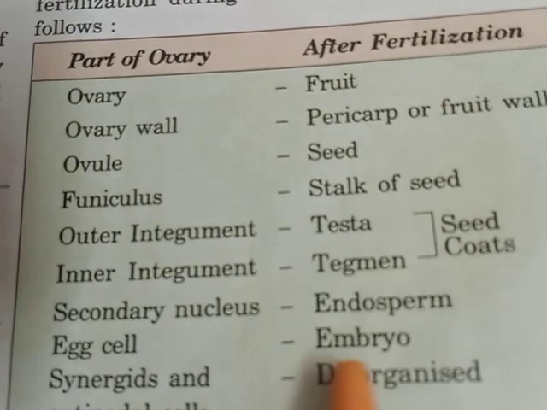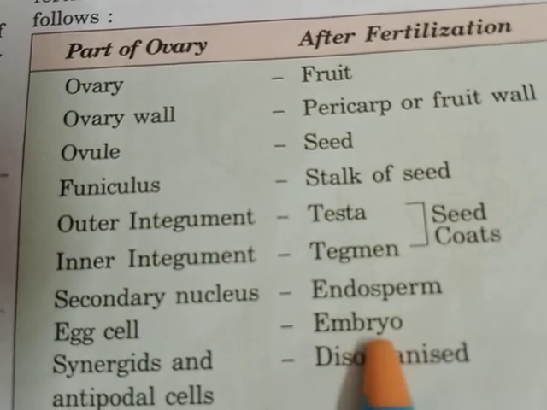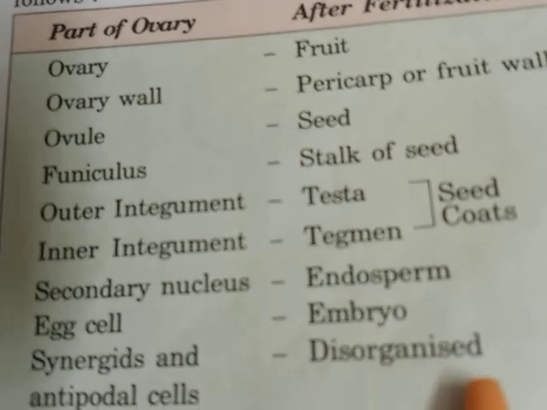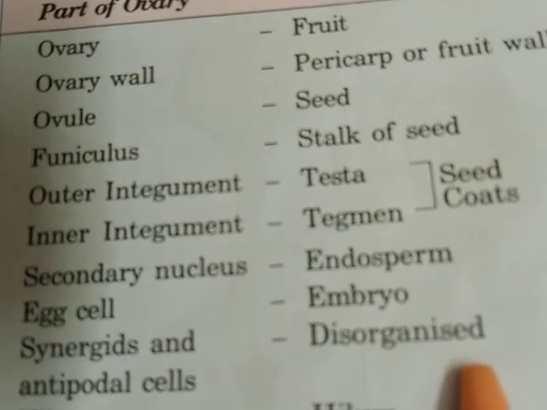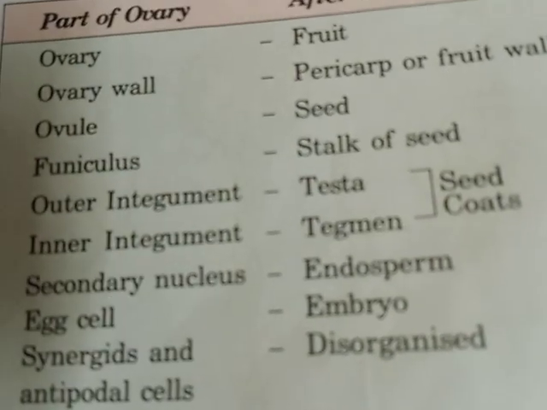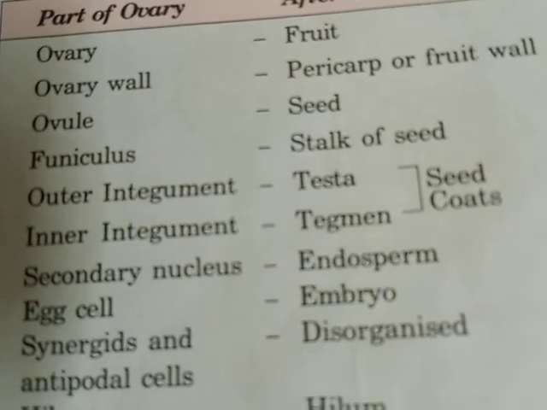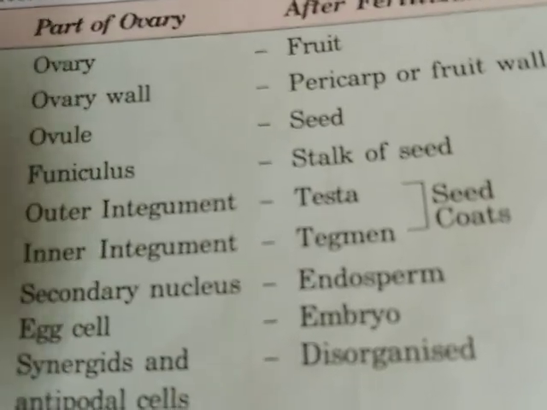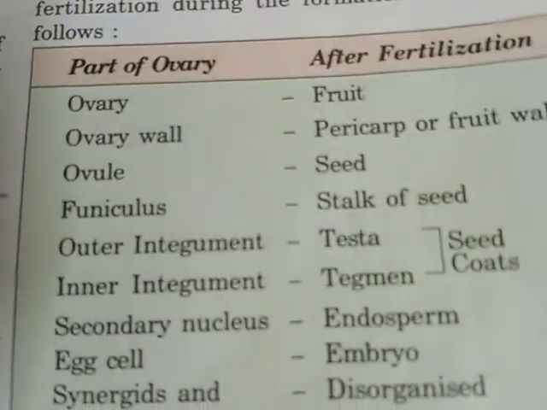The egg cell changes into embryo after fertilization. Synergids and antipodal cells are disorganized, or we can say they disappear. The hilum remains the same as the hilum, and the micropyle remains the same as the micropyle. So children, you study this table.